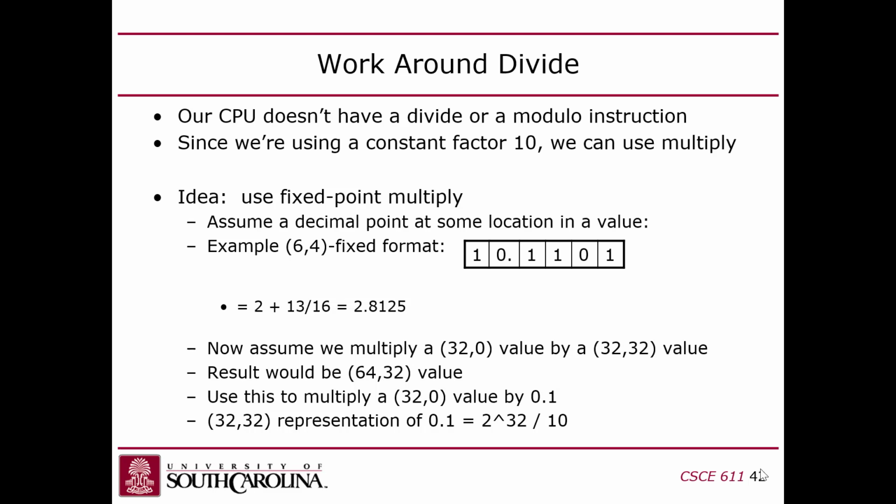A 1 in this position is 1/4, this is 1/8, this is 1/16, this is 1/32, and so on. So if I had a number like 0, 0, 1, 1, 1, then that would be 1/8 plus 1/16 plus 1/32 being stored in there.